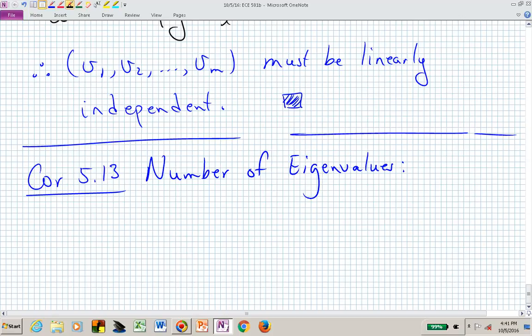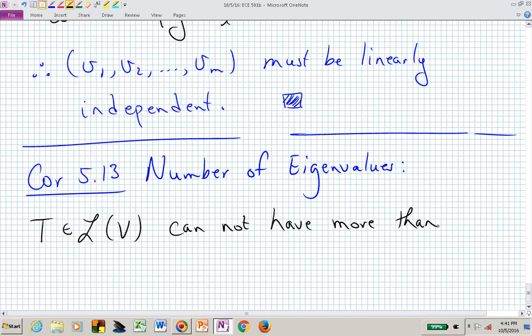That corollary says that if we have a linear operator T on a vector space V, that linear operator cannot have more than dimension V distinct eigenvalues.